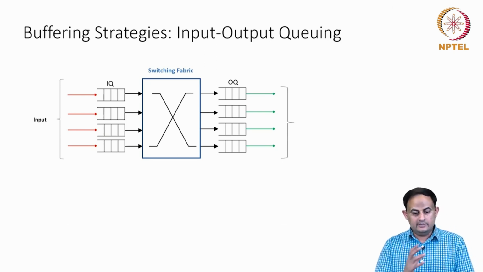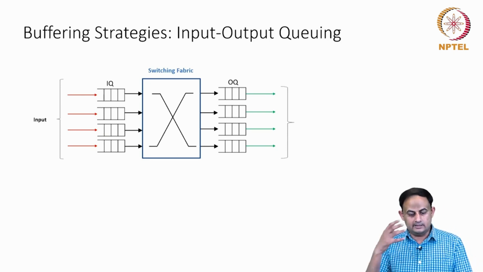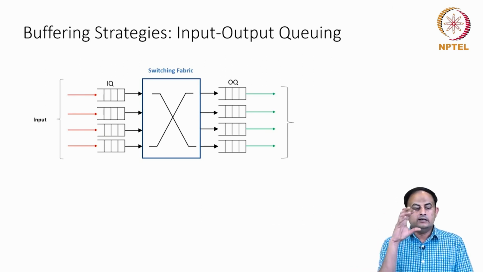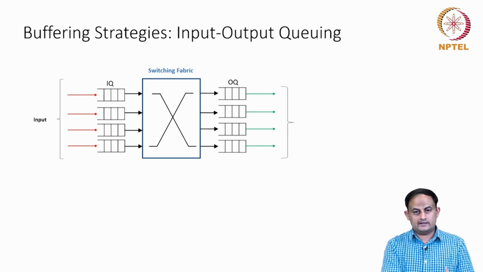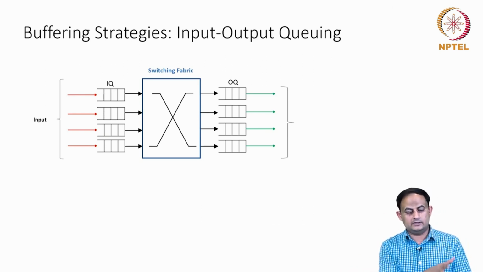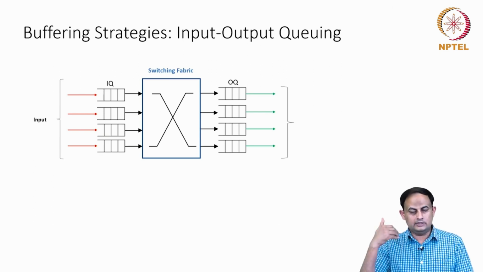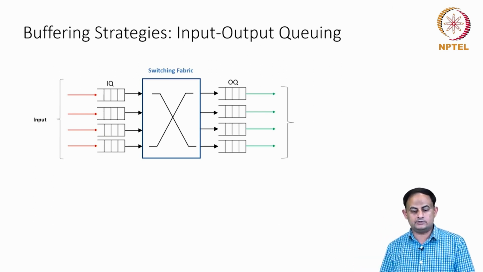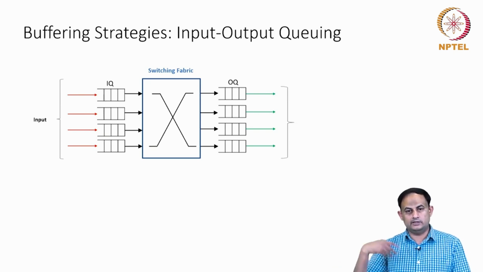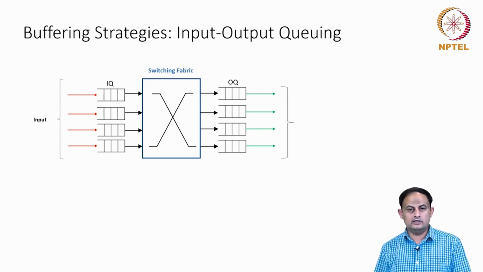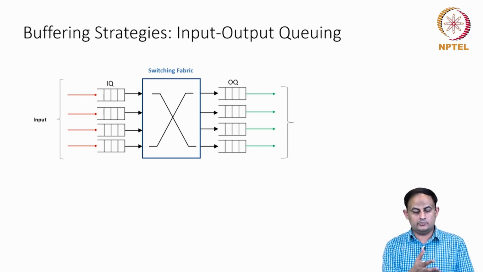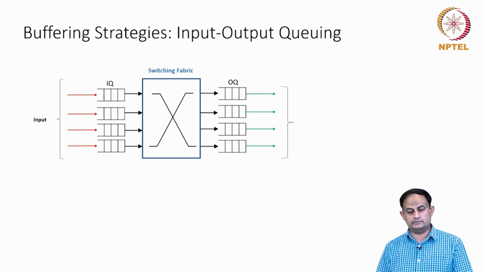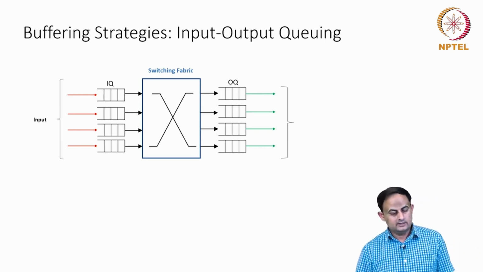There are n different input memories, n different output memories, and as the packets come, you place them inside the input queue, then do the FIB consultation, establish the connection through the switch fabric, place them in the output queue, and then do the scheduling operation. So, scheduling is done at both the input and the output queues. This is the fourth strategy.